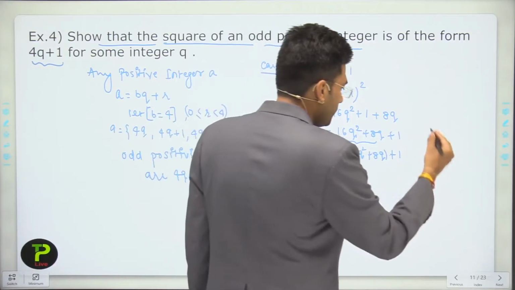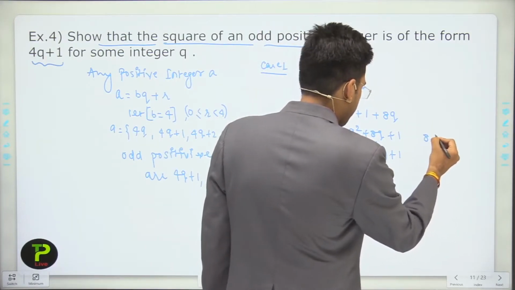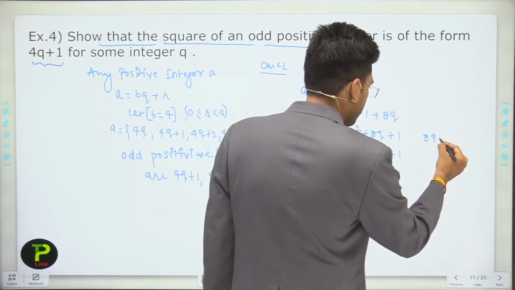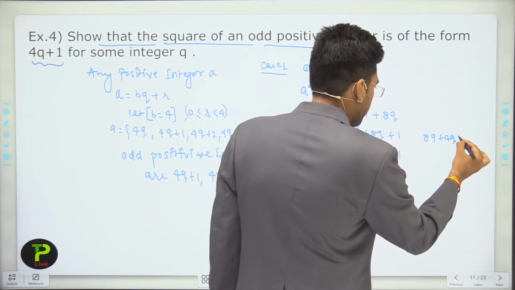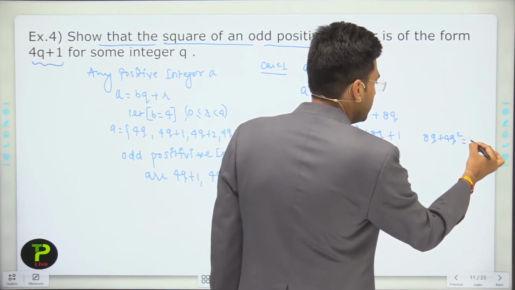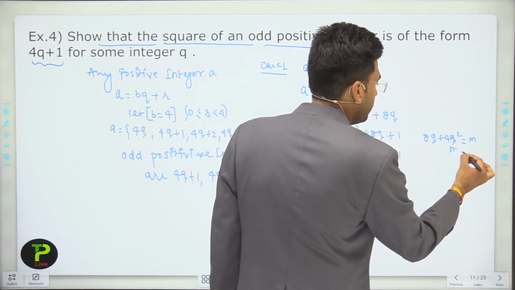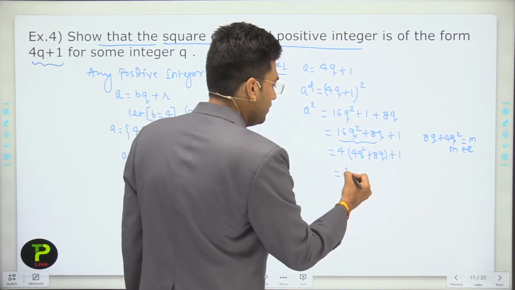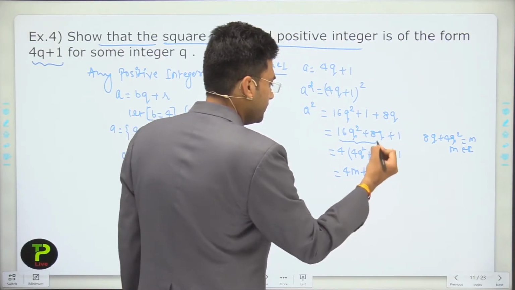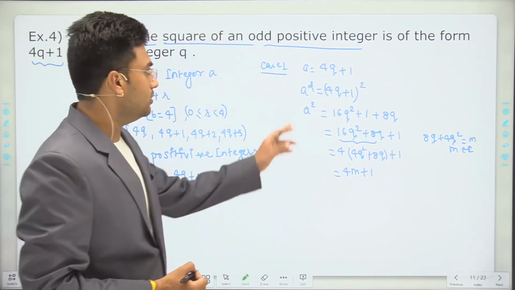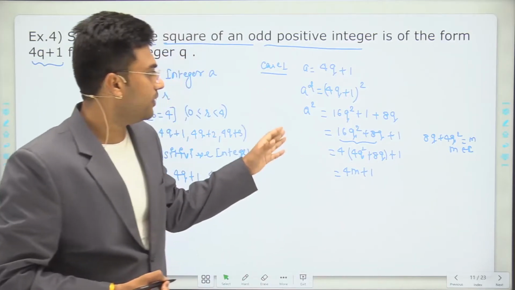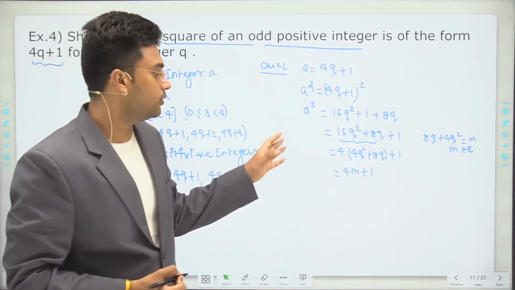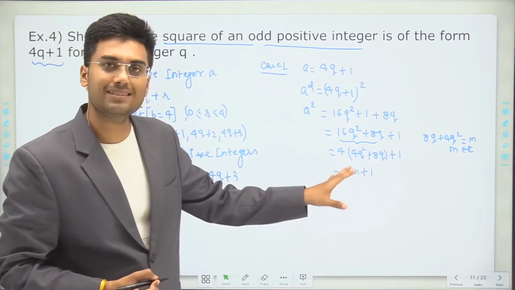So let 4q² plus 8q be equal to m, and m is an integer, so we can write it as 4m plus 1. So the form of the square of an odd positive integer is 4m plus 1.